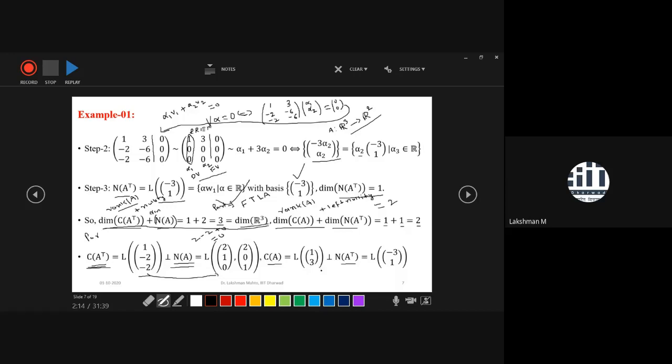You observe these two are perpendicular to each other, because the dot product is 0. So now you can claim that the column space of A is perpendicular to the null space of A transpose. That's why the column space and the null space of A transpose are both in the target space and perpendicular to each other. So this completes part two of the fundamental theorem of linear algebra.